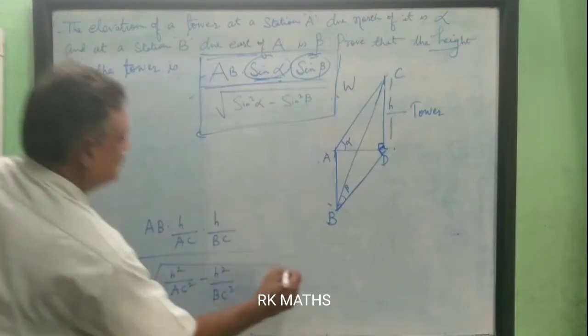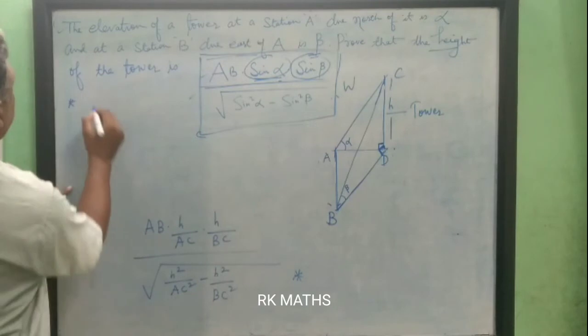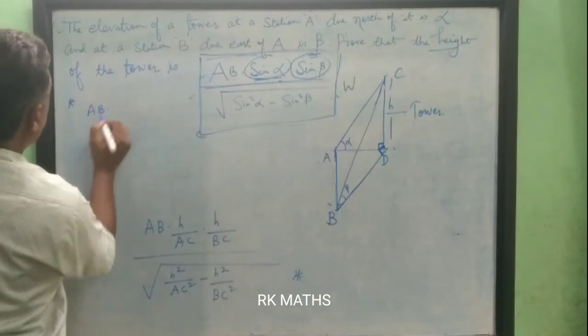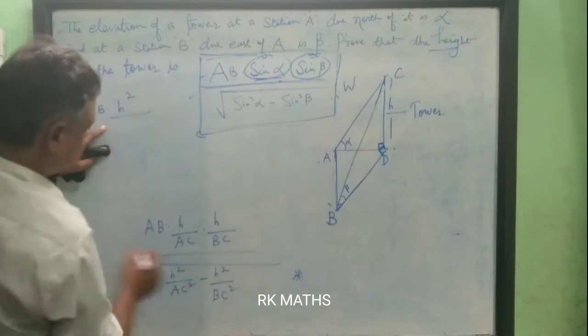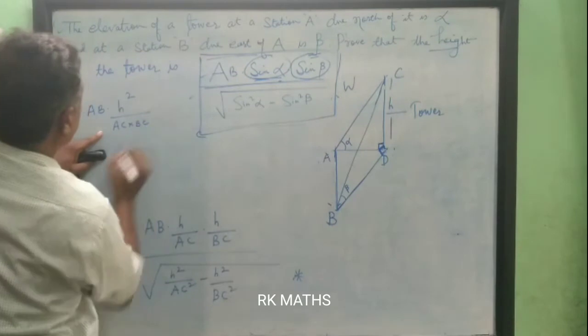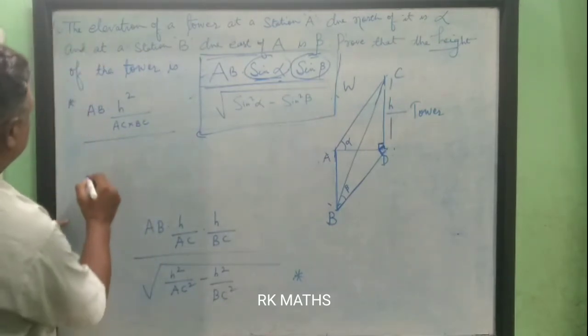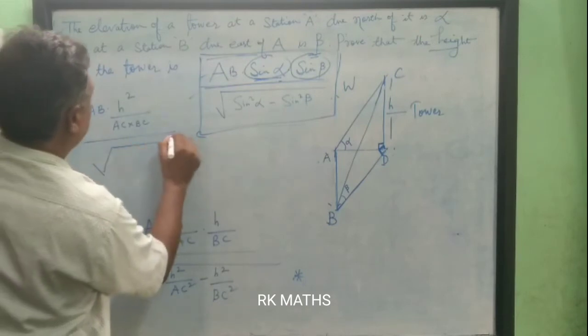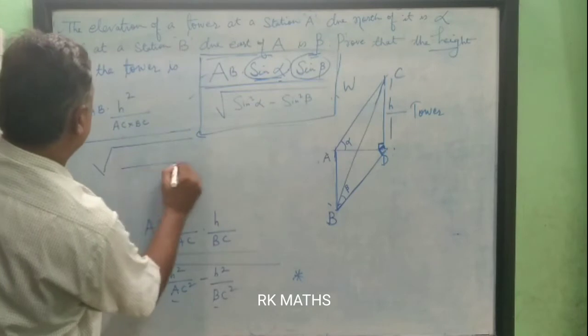Now AB into h square by AC into BC divided by under root, take LCM of AC square and BC square.